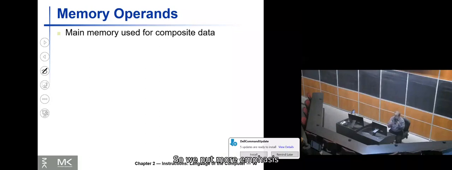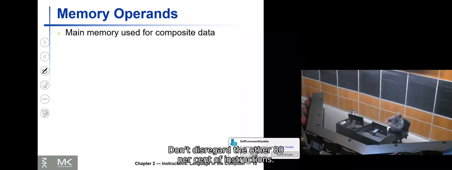So we put more emphasis on the more frequent instructions. Make the common case fast. You remember the seven great ideas. When there are 20% of instructions which will be used more and more frequently, make them fast. Don't disregard the other 80% of instructions.